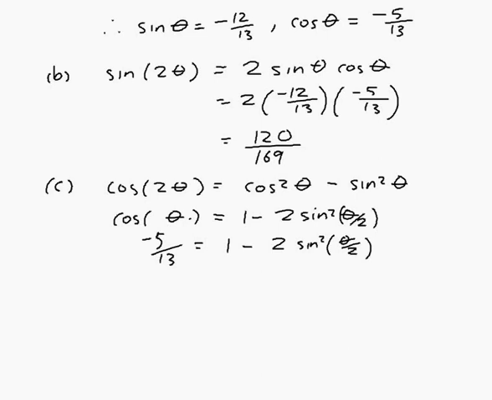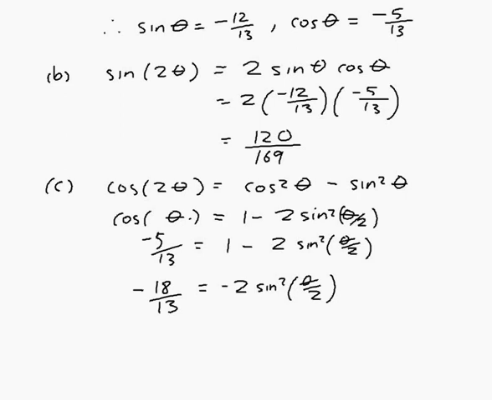And I can subtract 1 from both sides, so that would be minus 5 on 13 minus 13 on 13, which would be minus 18 on 13 is equal to minus 2 sine squared theta on 2.